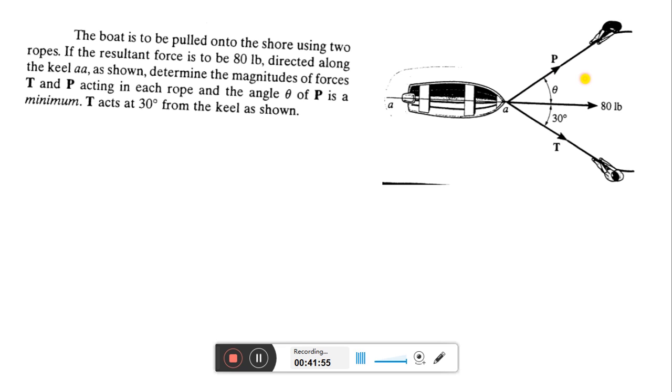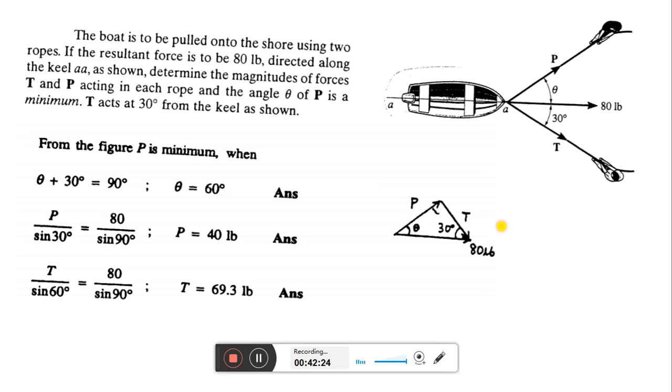T acts at 30 degrees from the keel as shown. Okay, so at the beginning in this problem you need to find what is the value of theta when P is minimum. So how to solve that?